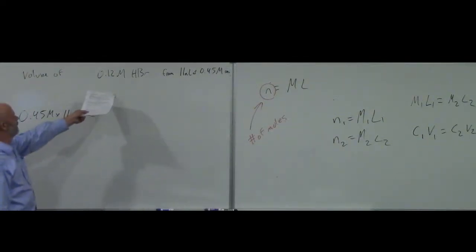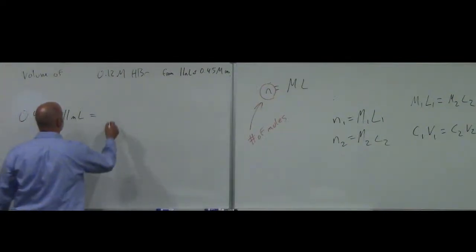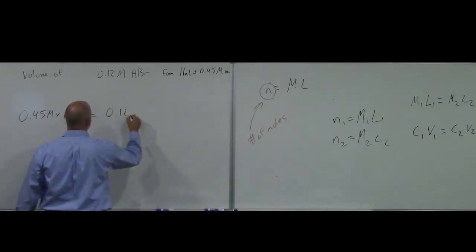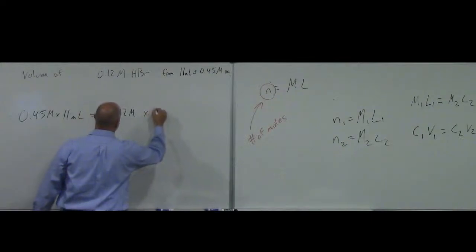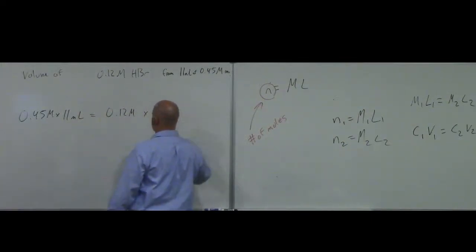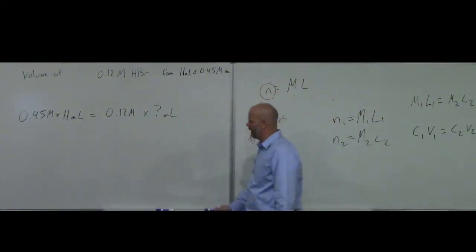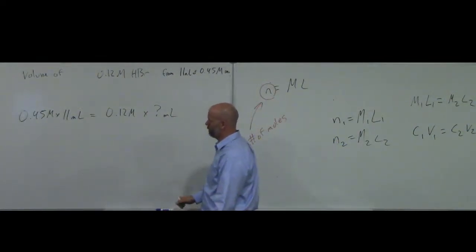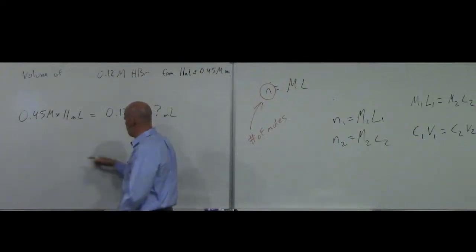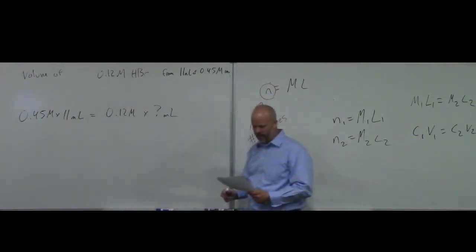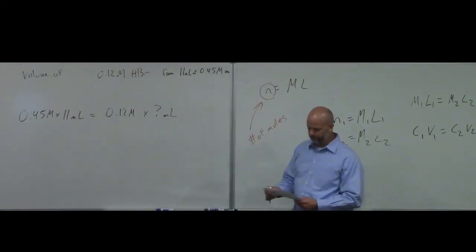Equals, what's my final concentration? 0.12 molar times some unknown number of mLs. So even though that was phrased oddly, the math is still super simple. Multiply these two, divide by that, and I'll get the right answer. What'd you get? 41.35.